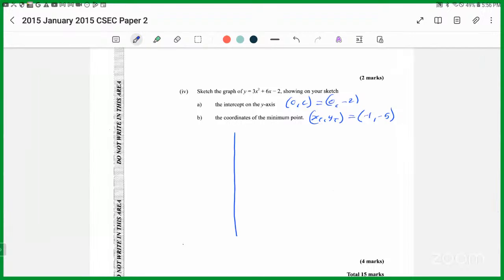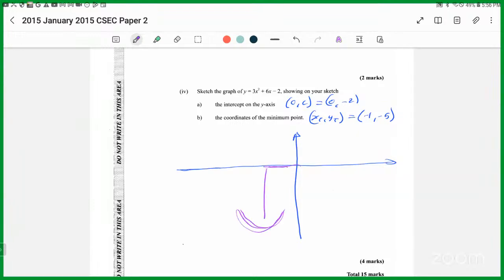The y-axis. So this point, -1, -5, negative x value, negative y value, sits down here. So it turns down here.